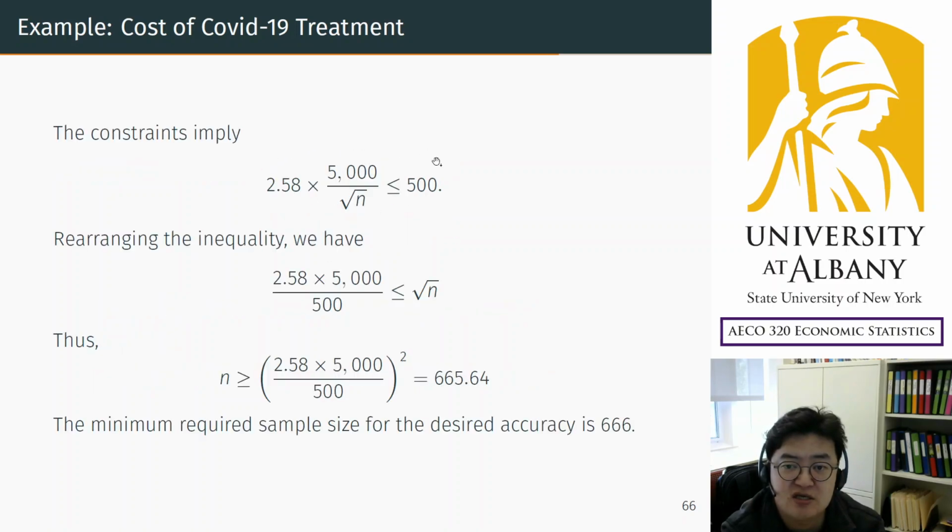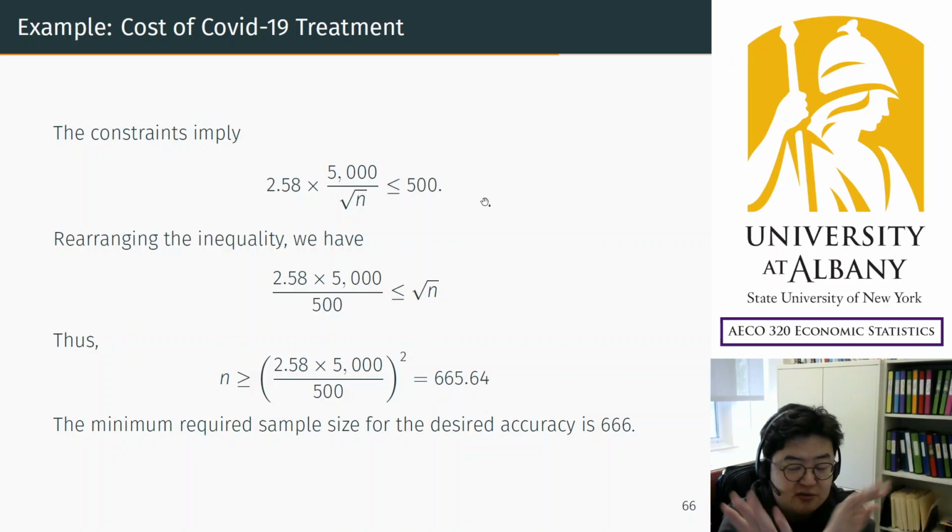So we write it this way, and multiply by square root n, divide by 500 on both sides. Then you can rearrange these two terms. So square root of n must be greater than or equal to this number, and you can calculate this number. To remove the square root, the radical, we are going to take the square on both sides. Then you get this inequality.